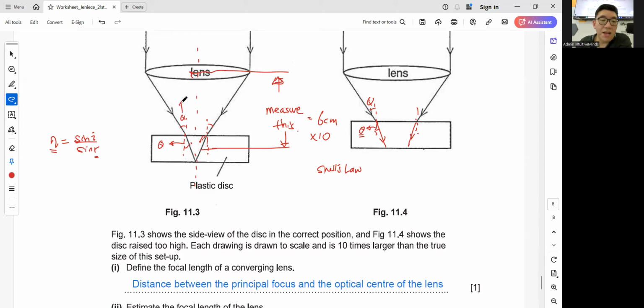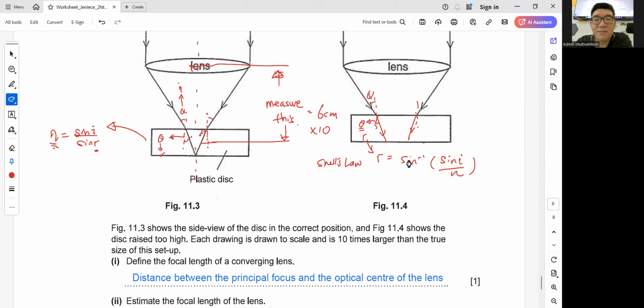So from this, you have i and you have r, so sub it inside, and then you can find n. Then from here, you can find a new r. I just simply did some manipulation of algebra.